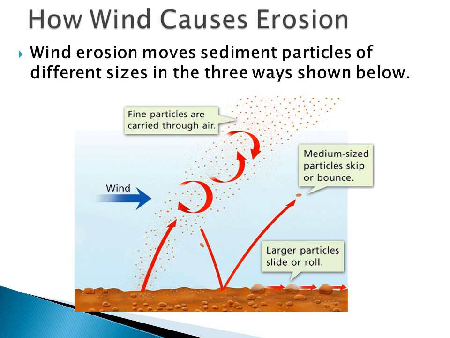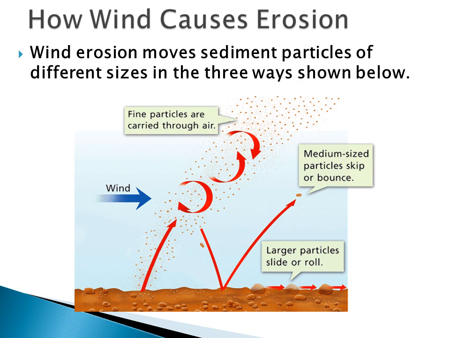Strong winds can roll heavier sediment particles over the ground. In deserts, deflation can sometimes create an area of rock fragments called desert pavement. There, wind has blown away the smaller sediments, leaving behind rocky materials.